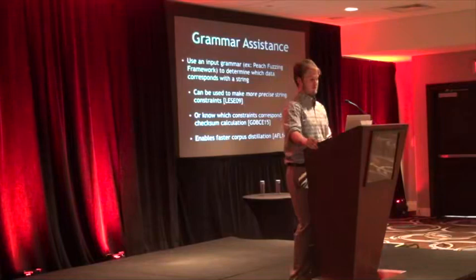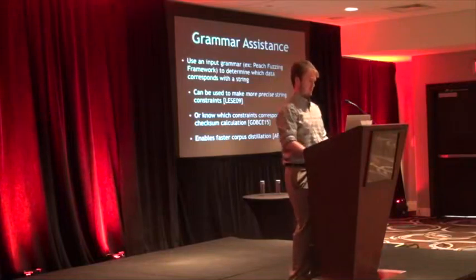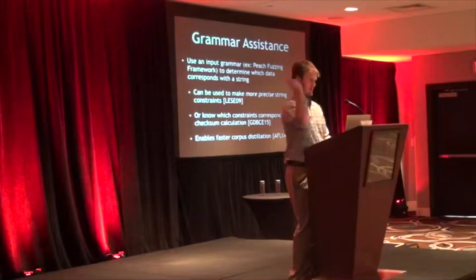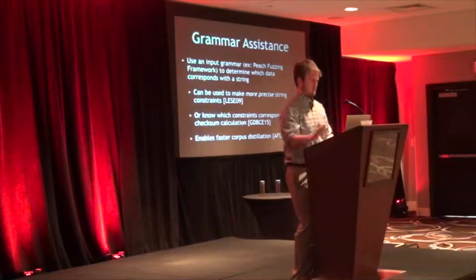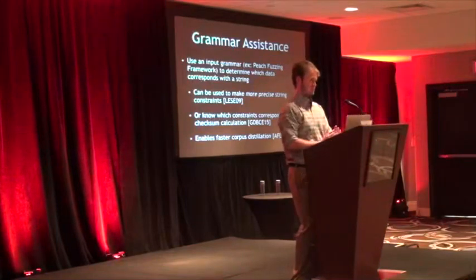And what American Fuzzy Lop does is it will trim your input based on knowledge that it has of the grammar. So instead of just cutting a file in half, for example, using a technique mentioned in delta debugging, where say you have a really big file that triggers a vulnerability, well, if you keep halving the file, you might be able to find a smaller file that triggers the vulnerability but doesn't exercise as much code within the program.